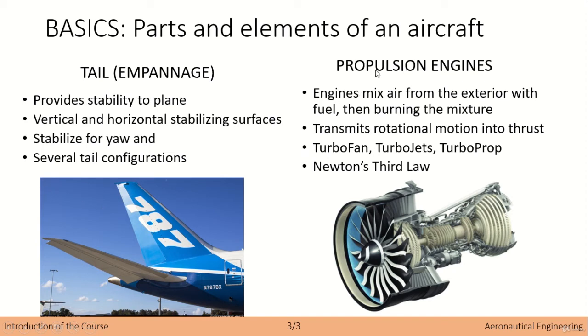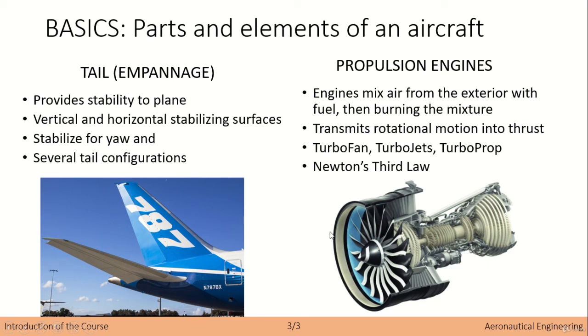Now, in propulsion engines, what we have is an engine which takes in air from the exterior. This is the air present in the surroundings of the aircraft at a certain velocity, of course the cruising velocity of the aircraft.